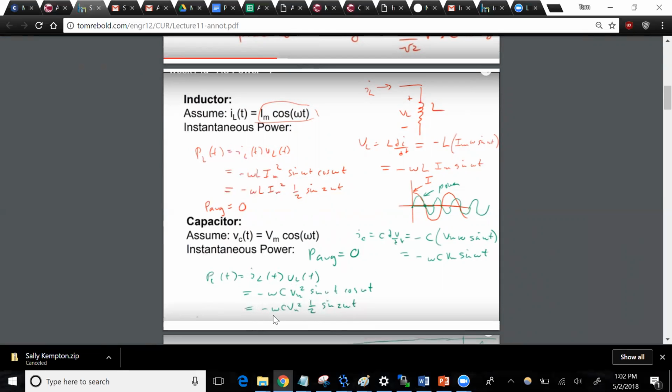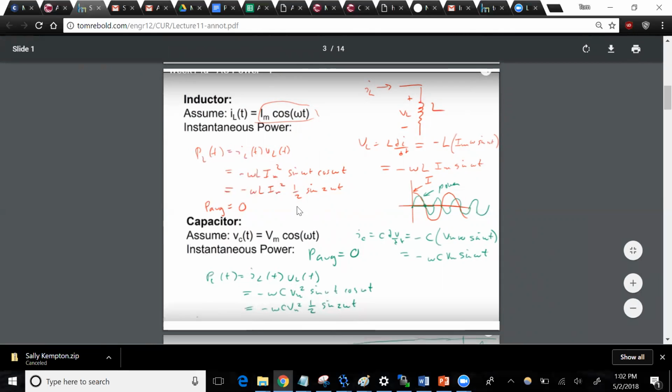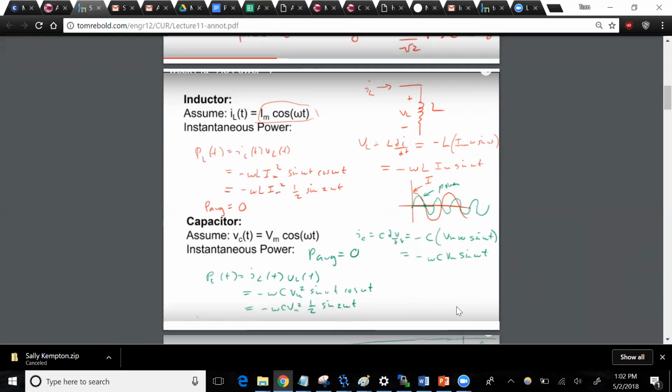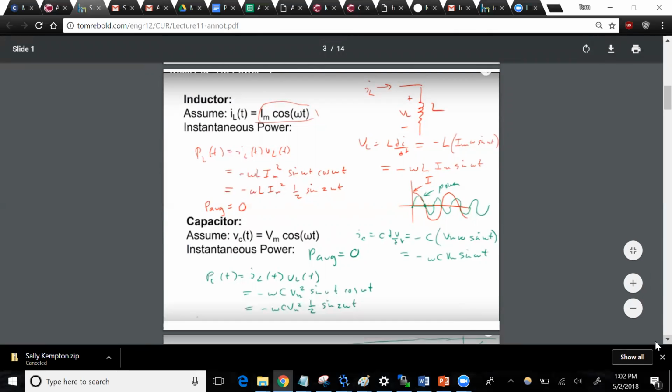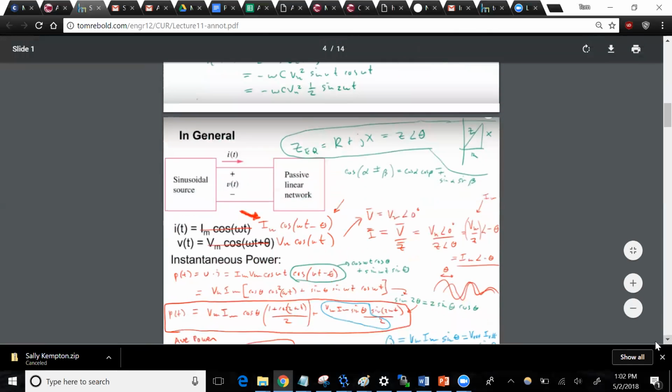So it is minus omega C Vm squared. But they're switching which one's the reference, right? Here the current is the reference, here the voltage is the reference. I had remembered there was a sign flip for one versus the other, and there is if you look at them with the same reference. So in the next slide, I did the in-general one.